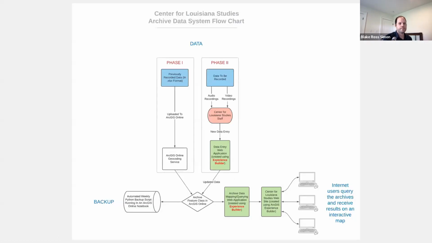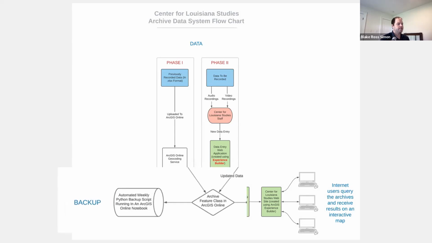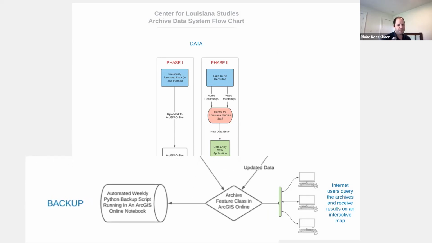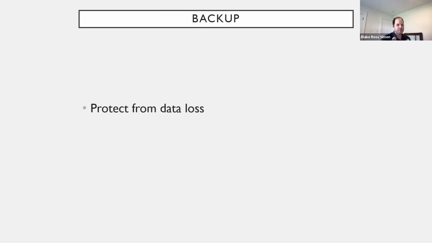All right. Now we're going to look at what I consider a very important topic, backup. A backup is going to protect the center from data loss, and these backups will be scheduled to run weekly, once a week.